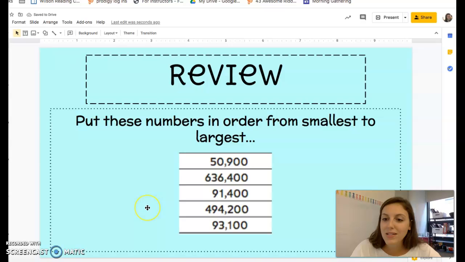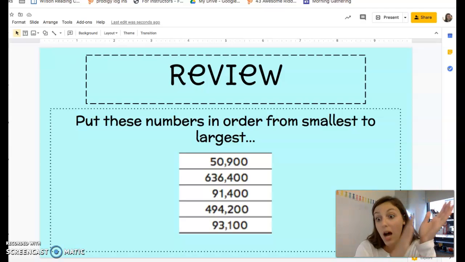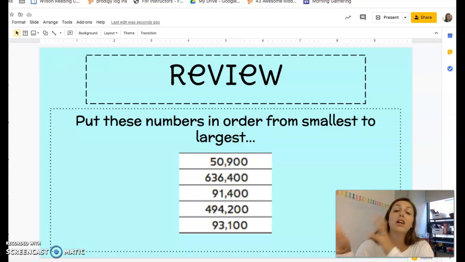Put these numbers in order from smallest to largest. Pay attention to the place values of these digits. When you're ready, press play. All right, mathematicians, are we ready? From smallest to largest. So the smaller number should be first, the largest number should be last.